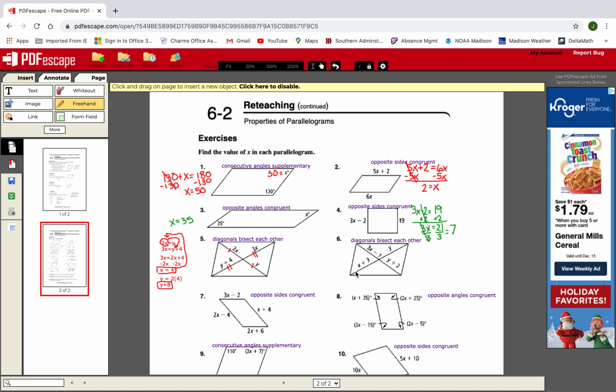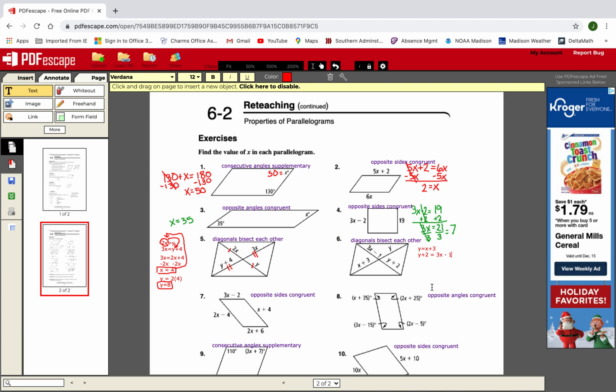Okay. All right, diagonals bisecting each other, same exact situation over here on number 6. So again, I'm going to start by typing out my equations. I know that y equals x plus 3, and I know that y plus 2 equals 3x minus 1.